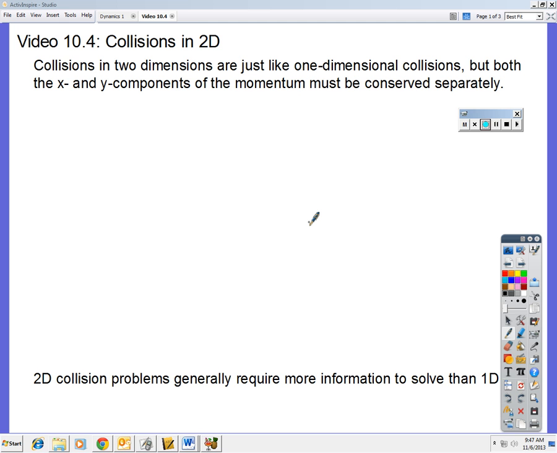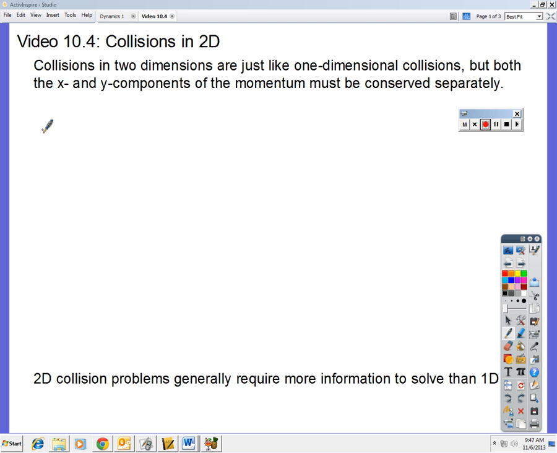Now, when you have a 2D collision, it's just like one-dimensional collisions. Momentum will be conserved. If it's elastic, kinetic energy will also be conserved. But the x component of the momentum is conserved, and the y component of the momentum is also conserved.